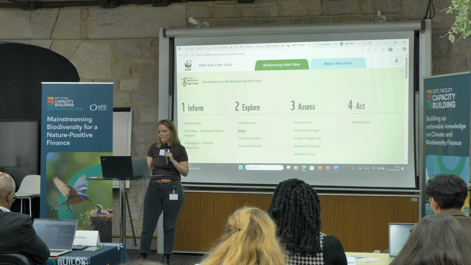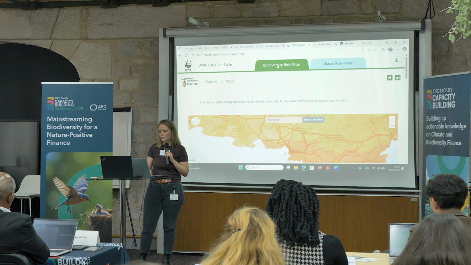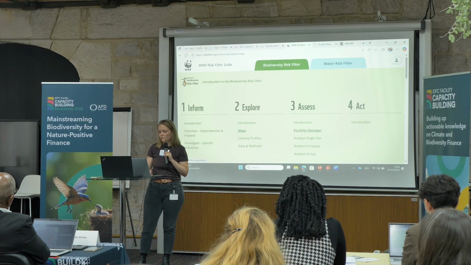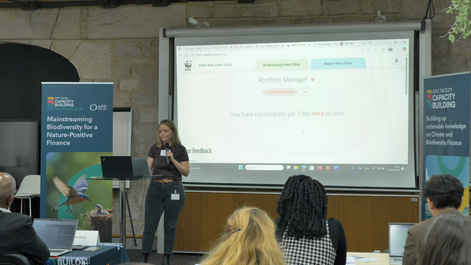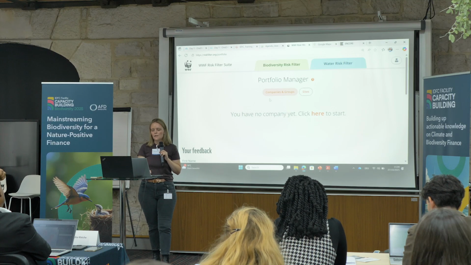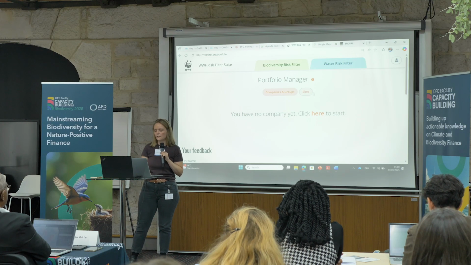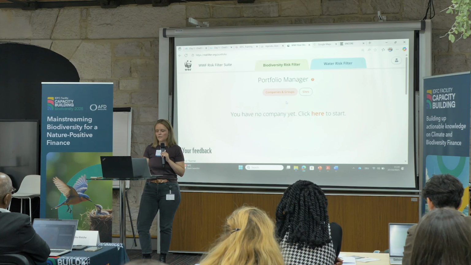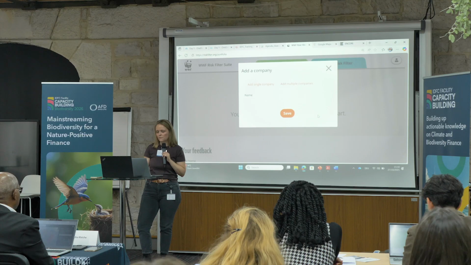Then you click on Biodiversity Risk Filter, and then you go to the Portfolio Manager. This is where you put in the information on the company level, and also the information on the site of the company that you want to assess. So then you start here.